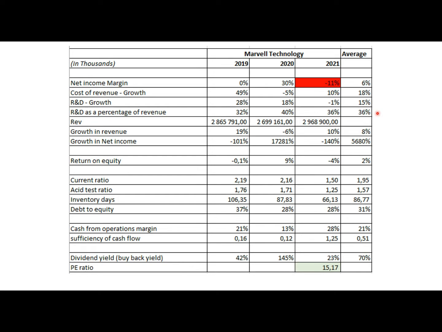Revenue growth is a bit inconsistent. However, it's in line with the industry average. On average, over the past 3-year period, Marvell has been growing revenues at an average of 8%. Industry average was about 8%.